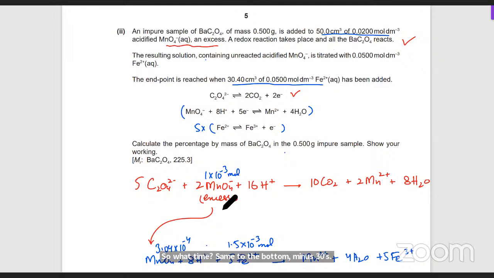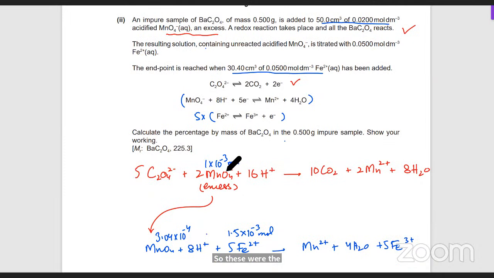So these were the moles that were added, and these are the moles that are left. So subtract, and find out how many moles actually took part in the reaction.